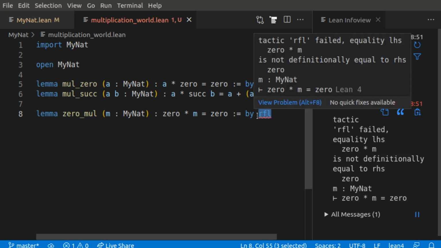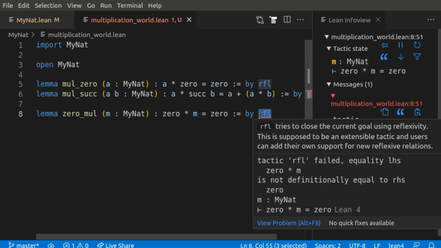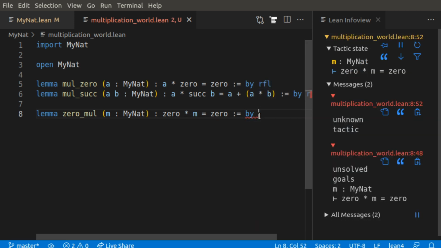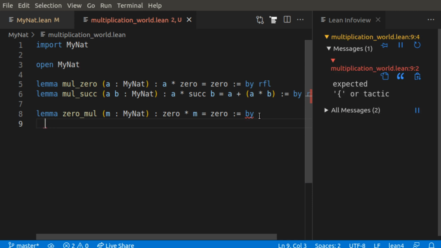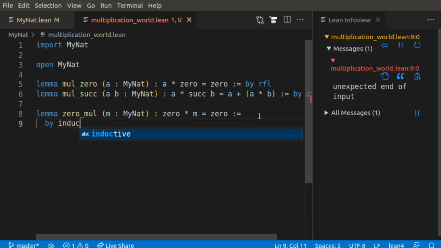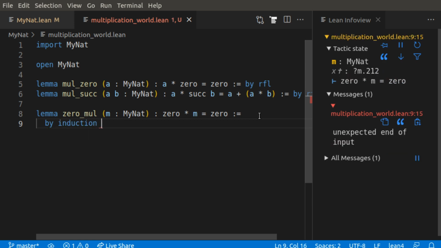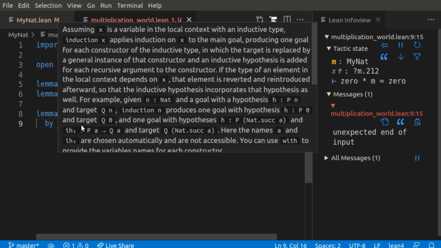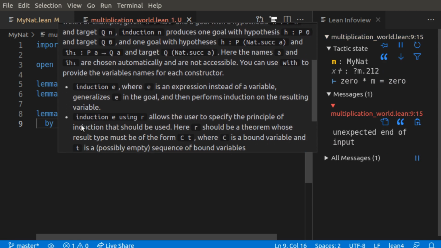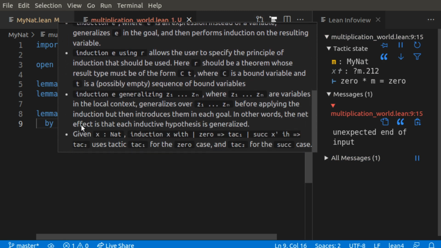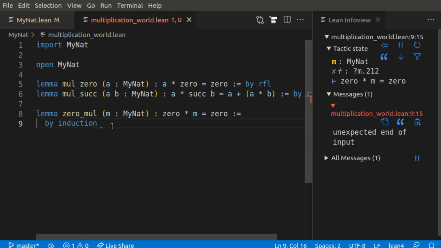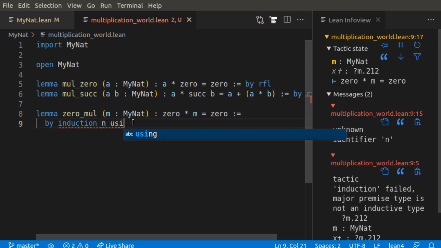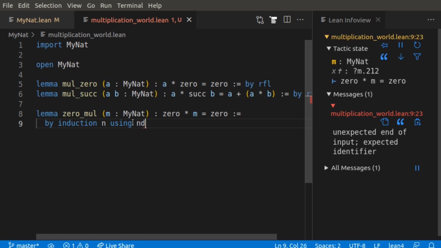Well, I'm thinking we're going to use induction. By induction. How to do the induction again? Induction using R. So induction n using md.